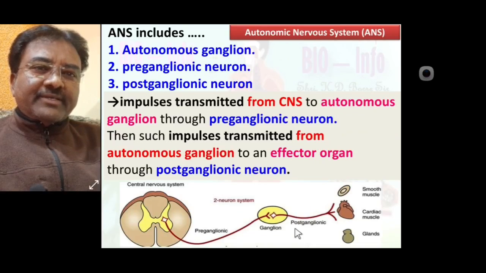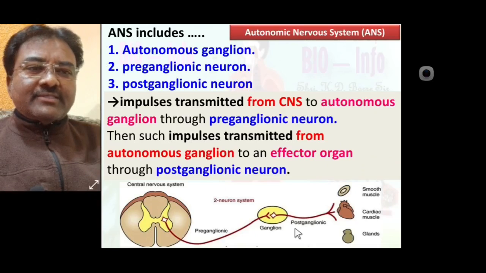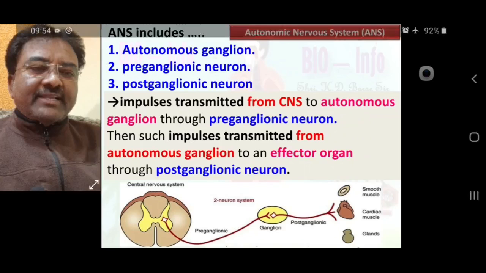Up to this we discussed in detail how the autonomous nervous system controls effector organs or involuntary organs: cardiac muscles, smooth muscles and glands.